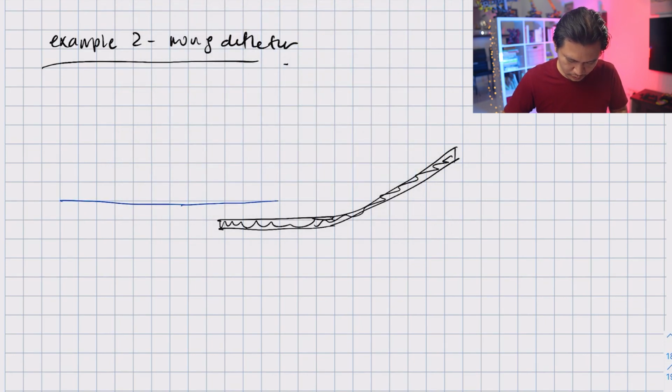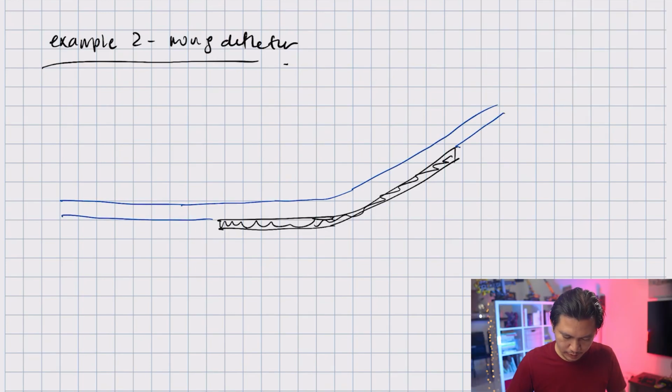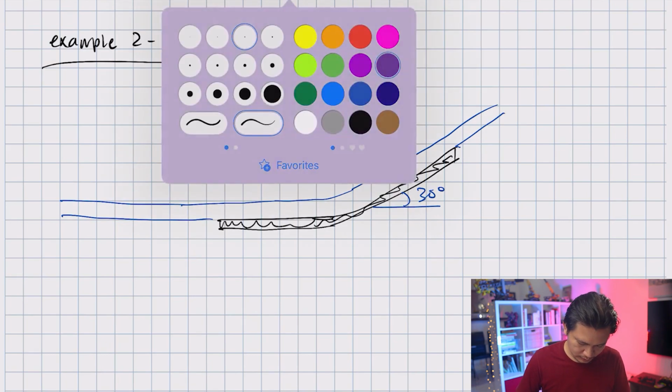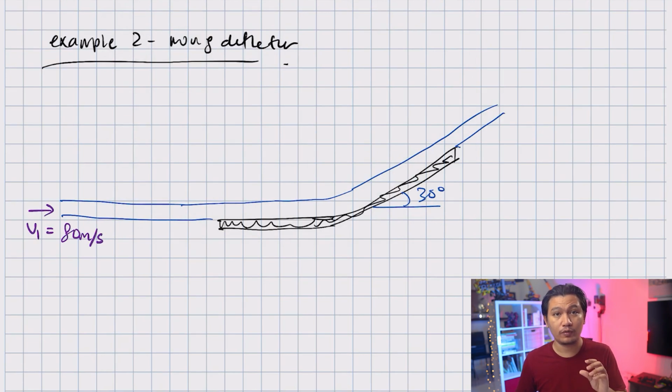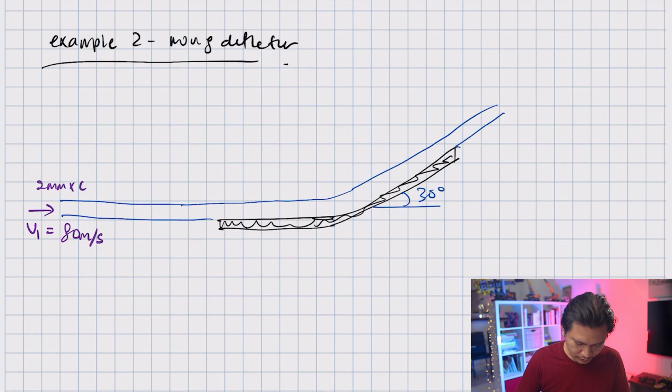This water will follow the deflector, and this deflector is at a 30-degree angle from the horizontal line. What you have here is V1 equal to 80 meter per second. Again, this is a thin sheet of water, and the dimension is 2 millimeter times 400 millimeter.